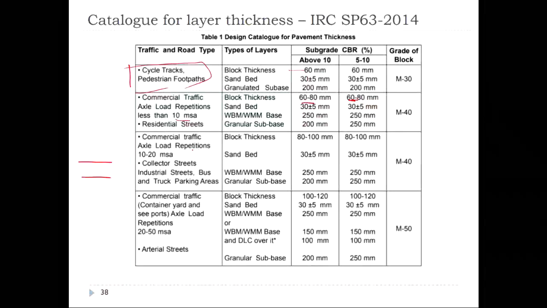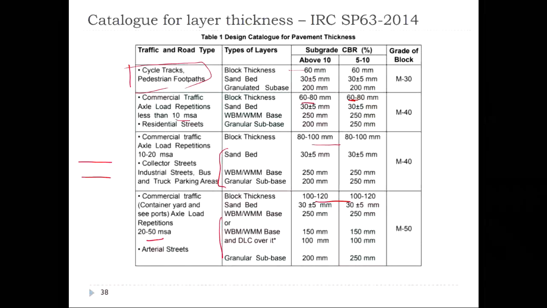When the traffic volumes are increased to the order of 10 to 20 MSA, again the block thicknesses are increased. And when the traffic volume is increased up to 20 to 50 MSA, these are the recommended block thicknesses. You can see the recommendations for the thickness of the lower layers also.